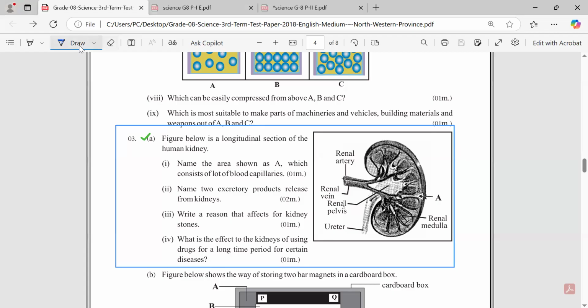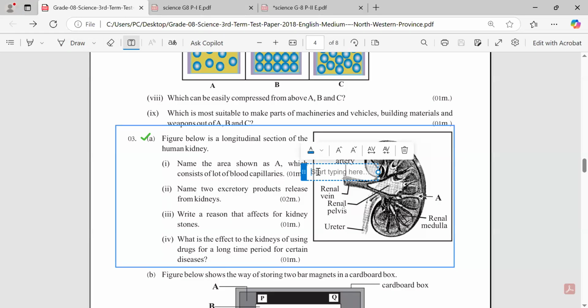Any different answers? What did you write, Sarah? Renal cortex. Okay, so you can write it as the renal cortex.